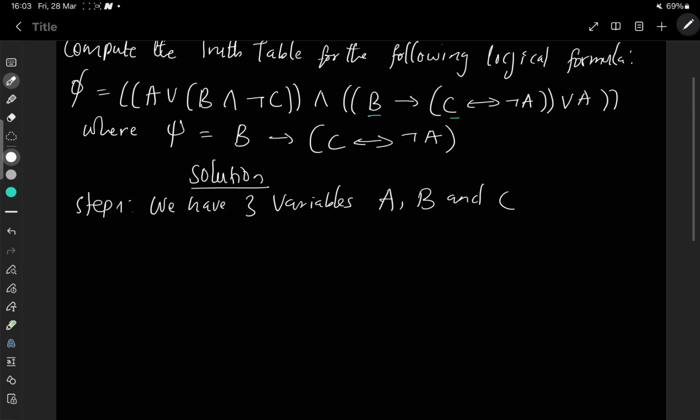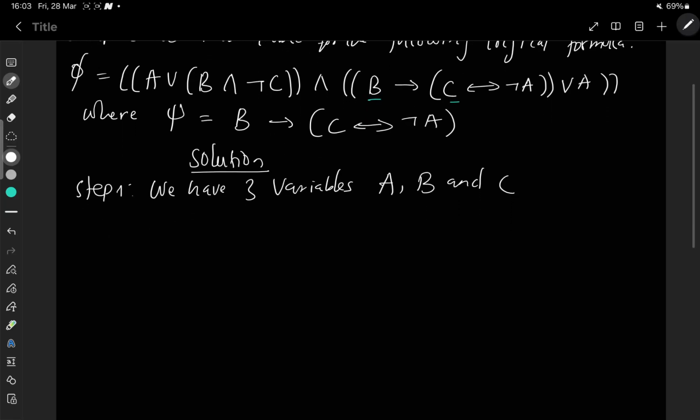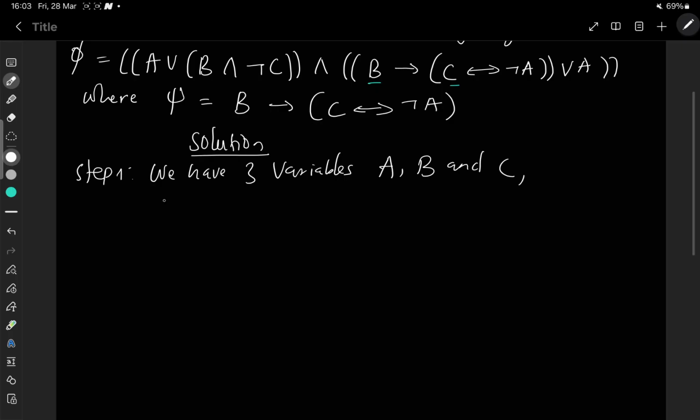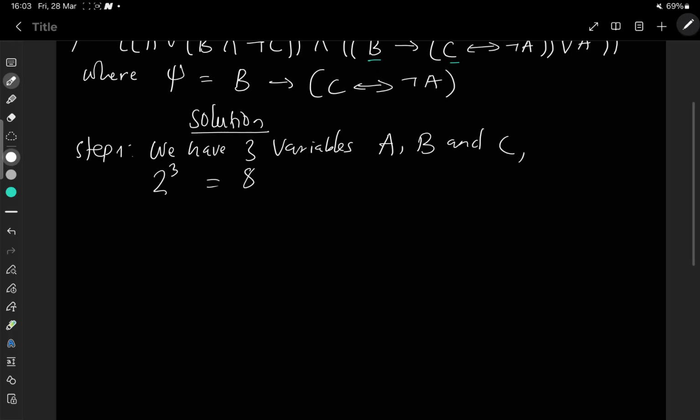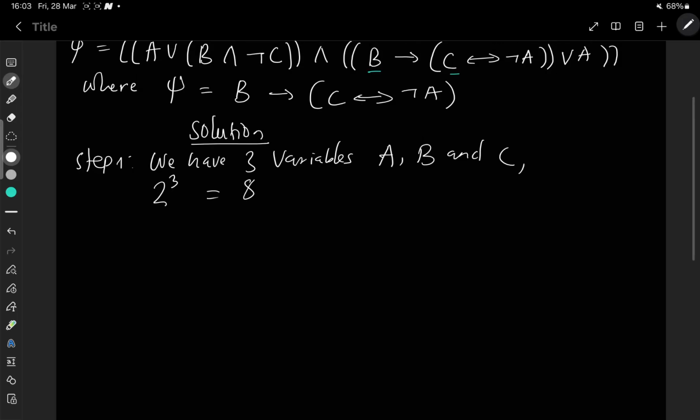Then since we have three variables, our possible combinations are going to be 2 raised to the power 3, which is 8. These are the possible combinations we're going to obtain from these three variables.